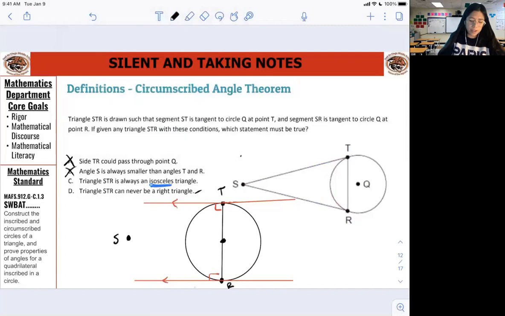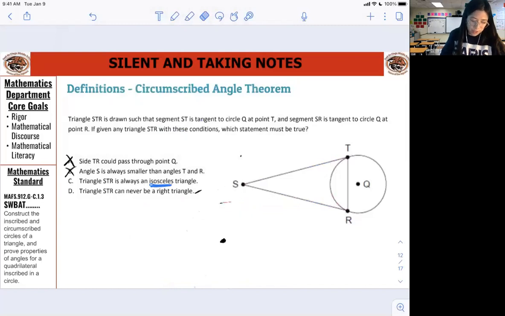And then finally, D. D is claiming that the triangle could not be a right triangle. That's not true either, because, for example, let me see if I can draw it correctly. Obviously, I'm just sketching this out. It's never going to look perfect, but I'm trying my best.